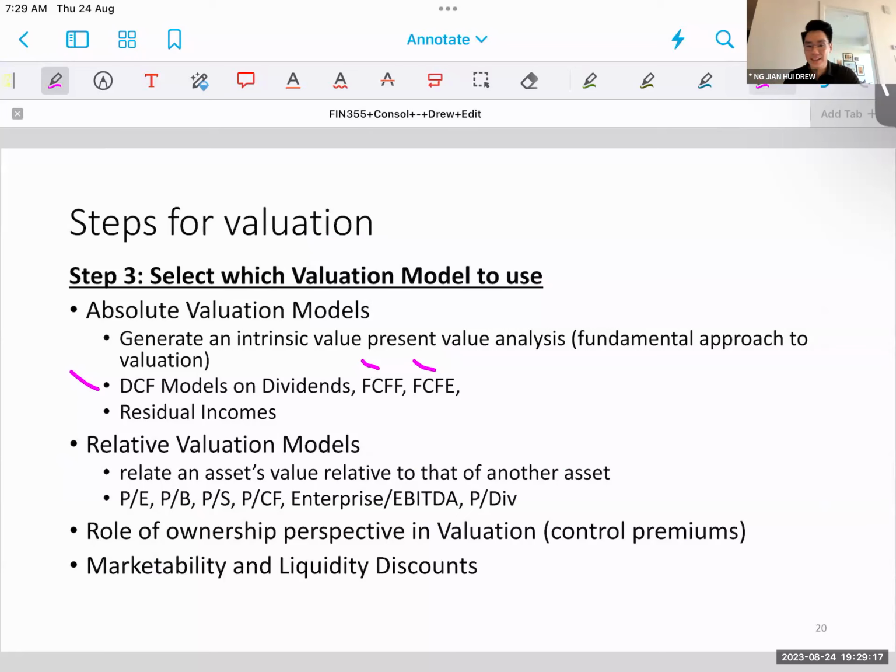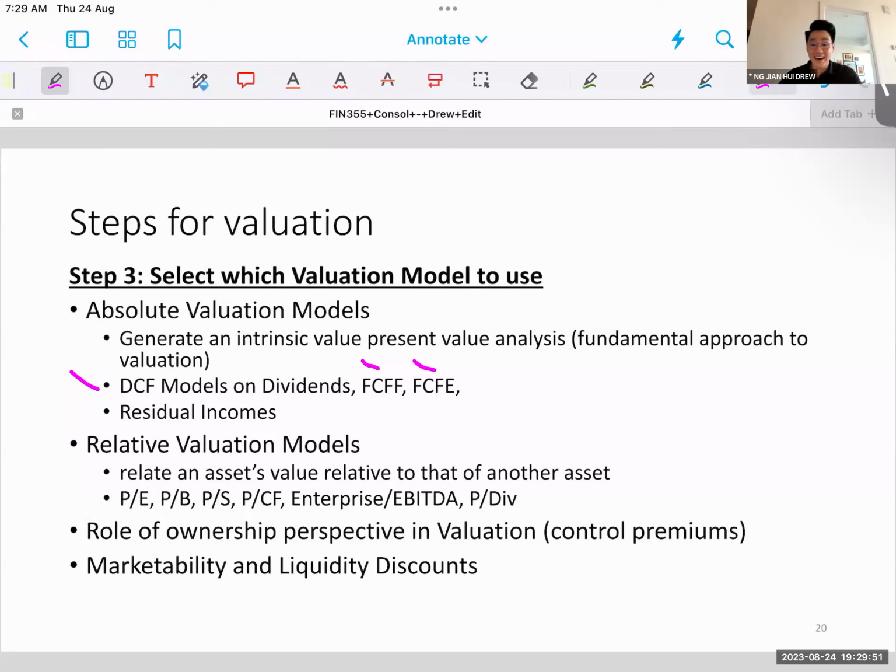So the dividend cash flow model, the free cash flow model to firm, or free cash flow model to equity, are these all new? Heard before? Okay, that's good. Yes, that's right, the Gordon Growth model. So the dividend cash flow model is the Gordon Growth model. Different names, same idea.